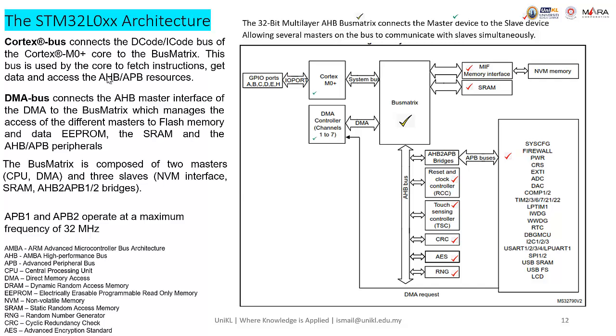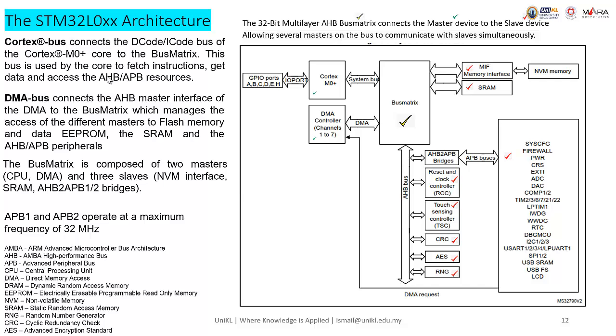The DMA just does not do the processing, it does something like, okay, if I want to transmit data, I can pass the data to the DMA to transmit it. So the Cortex M0 will not do that. The Cortex M0 passes that task to the DMA, so the DMA will do that. To read data from external sources also, we can pass it to the DMA.